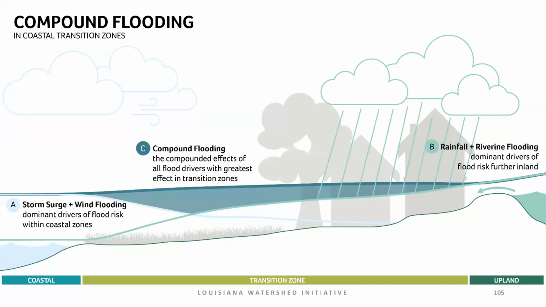Really simply, those things are often considering either wind and storm surge only, or fluvial and pluvial, so rainfall and riverine considerations only.